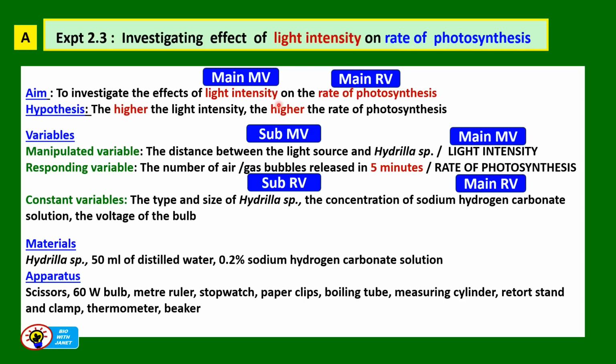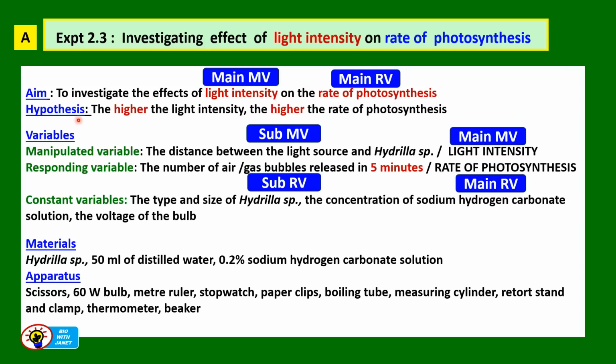So from the aim, we already know the main MV and the main RV. Okay, the effect of something, that something is the main MV. The effect of the main MV on the main RV, or the effect of MV on RV. Okay, so your RV is the rate of photosynthesis. So as you change the light intensity, then we expect the rate of photosynthesis to change also.